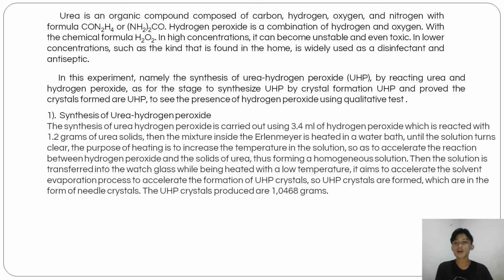The purpose of heating is to increase the temperature of the solution so as to accelerate the reaction between hydrogen peroxide and the solid urea, forming a homogeneous solution. Then the solution is transferred into a watch glass while being heated at a low temperature. It causes the solvent evaporation process, which accelerates the formation of UHP crystals.